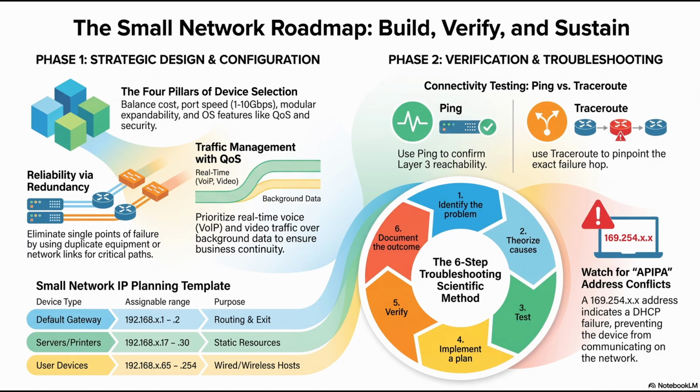Okay, but ensuring the traffic continues to flow isn't enough, right? You have to ensure the right traffic flows first, and this introduces QoS, or quality of service. Basically, the router acts like a bouncer at a club. It prioritizes voice over IP calls as high priority, so they hit the internet backbone first, while standard emails are medium priority, and instant messaging is relegated to best effort. The core mechanism behind that is latency sensitivity.